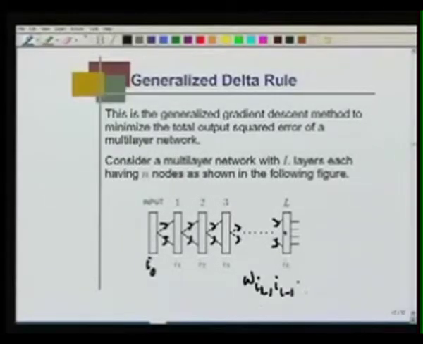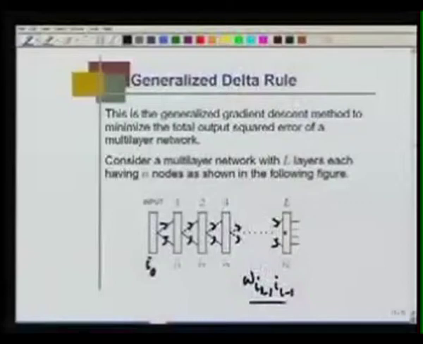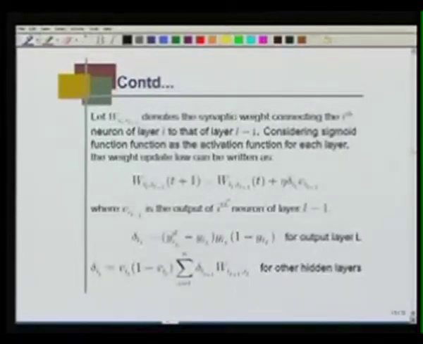So we are talking about how I update the weight in this layer. Once I pass the input through this network, compute the output at the output layer, compare with the desired data, and then I want to update this weight. So the same formula: that is eta delta_i_L into V_i_L-1. This is the input to this connection weight, and this is the error being back propagated.